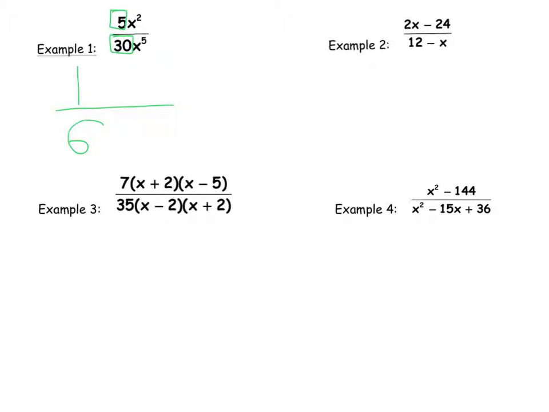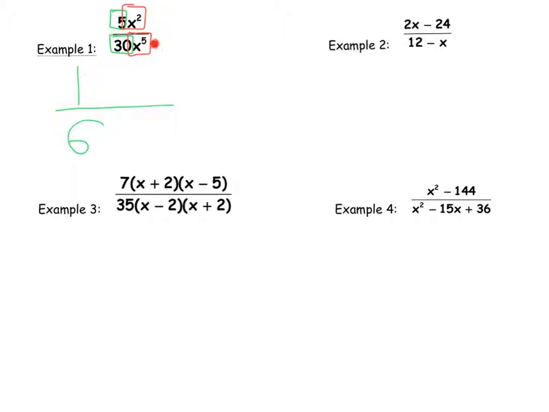Now we take a look at our x terms. We have x squared over x to the 5th. We are dividing these x's, so we're going to subtract our exponents, and 5 minus 2 is 3. That's the easy part. But where do I have more x's?